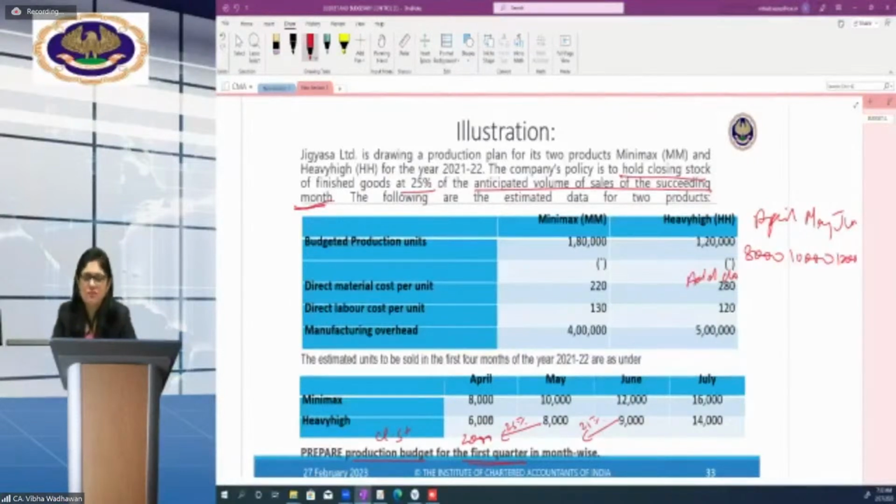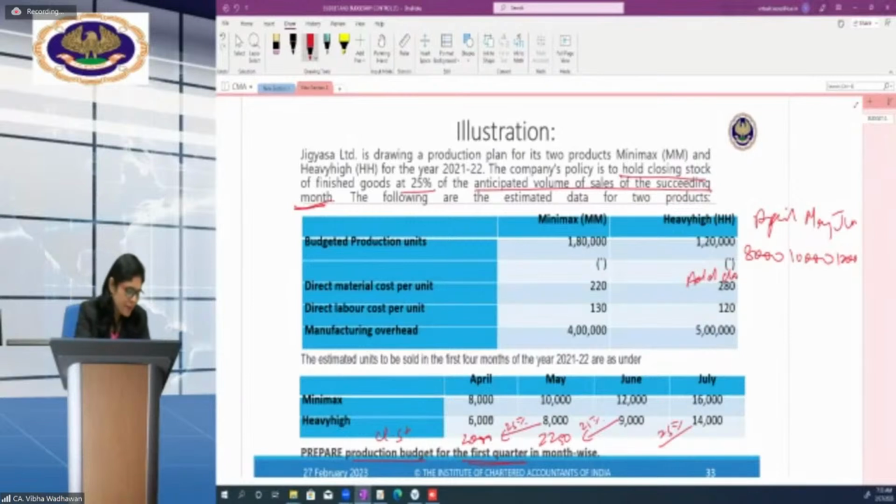So 9,000, 25%, 2,250 is the closing stock of May. That is 25% of the sales of June, and 25% of the sales of July will be the closing stock for June. So 25% of the next month's sales is the closing stock for the current month.